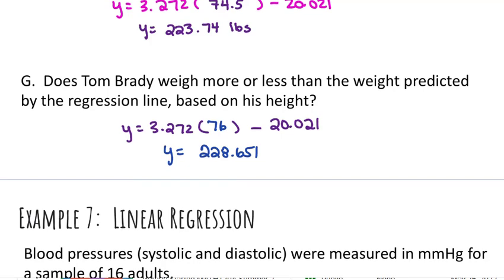This was only off by what, 3.5 pounds. So Tom Brady actually weighs 3.65 pounds less. So again, this is a prediction, it's an estimation. It's not necessarily going to be exactly accurate.